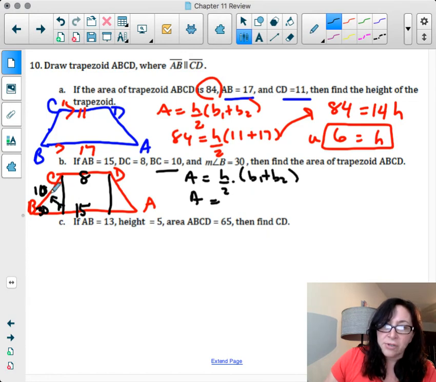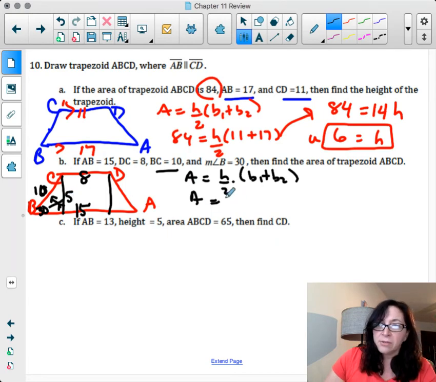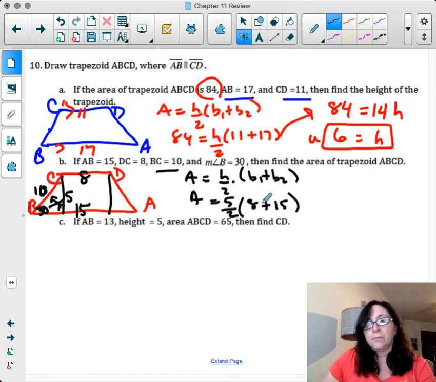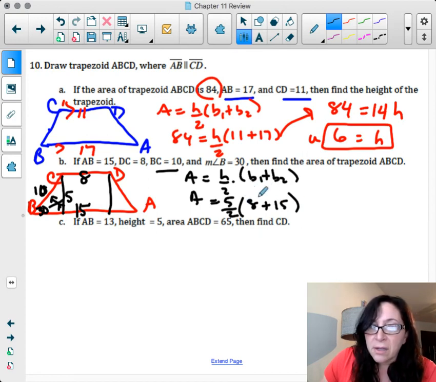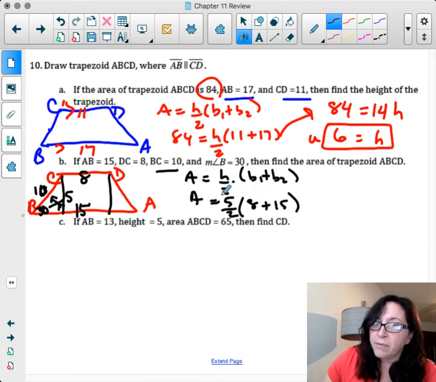Across from the 90 is 2a, which means across from the 30 is going to be 5. So that's actually going to be 5 divided by 2 times the sum of the bases. Now my bases are 8 plus 15. Ooh, so what is that? 23 times 5. I think that's 115 over 2 units squared.